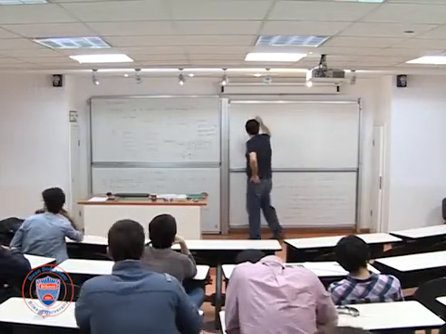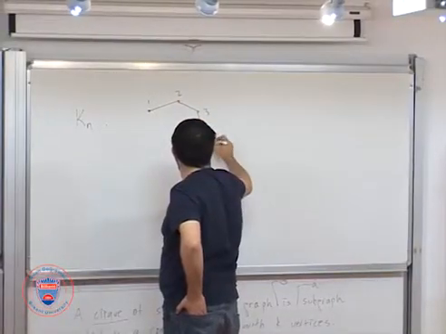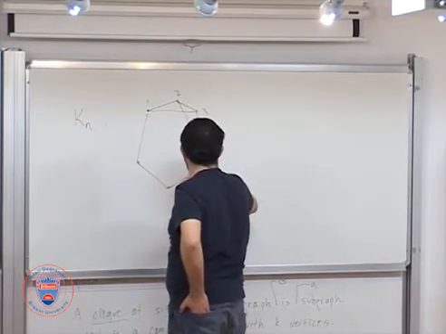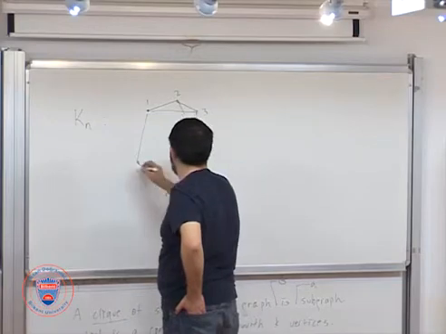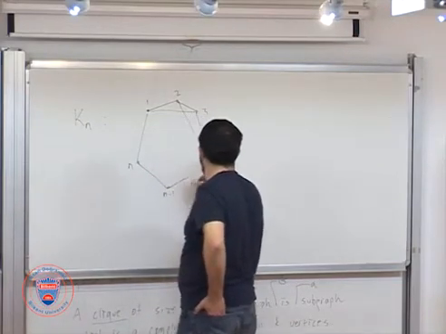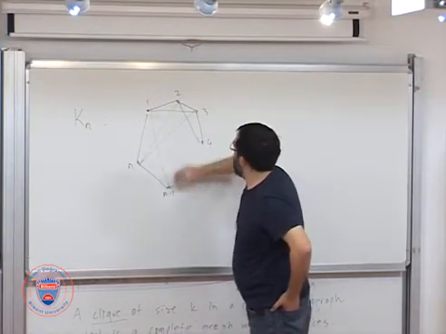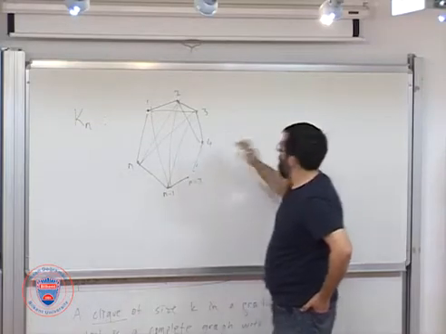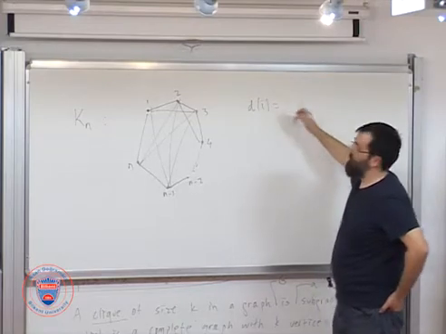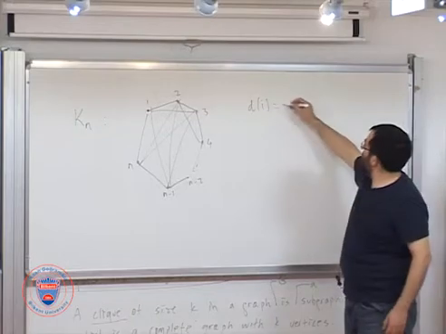Okay, so take a complete graph with n vertices. Complete means there is an edge between any two vertices. So this is a complete graph with n vertices. Now, what is the degree of each vertex in this case? It's connected to everything except itself, so the degree is n minus 1.